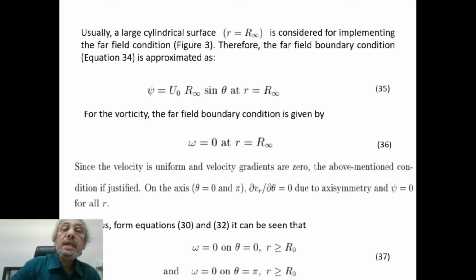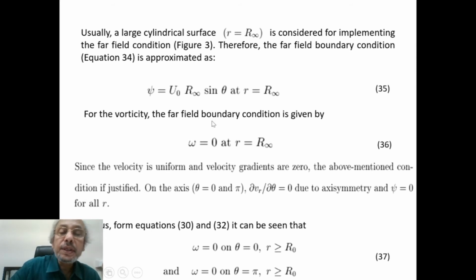So as I said, r equal to r infinity is considered for implementing the far field condition. So psi there will be u0 r infinity sin theta at r equal to r infinity.